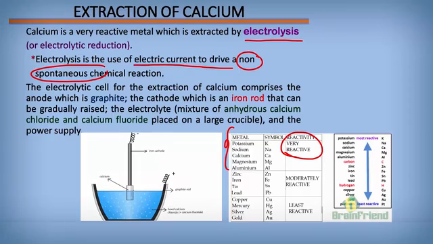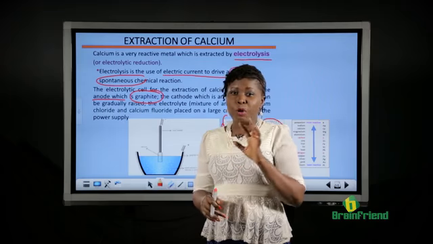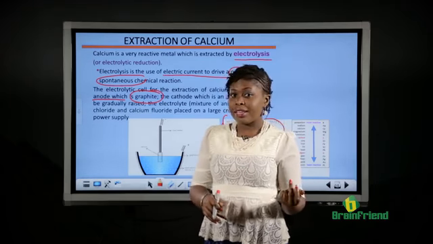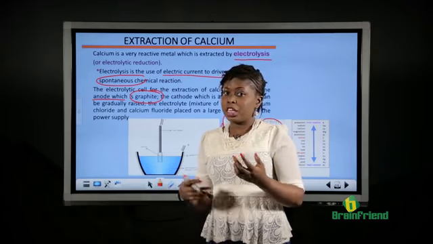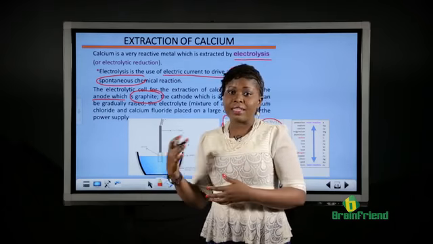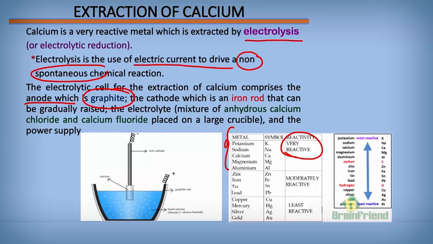So, for calcium, its electrolytic cell would comprise the anode, which is what? Graphite or carbon. We know that electrolytic cells are made up of two components, which are the electrolytes and the electrodes. The electrodes are actually the positive and the negative electrodes. So here, the anode is the positive electrode, okay? And for extraction of calcium, it's going to be what? Graphite. The negative electrode here, which is the cathode, is going to be what?